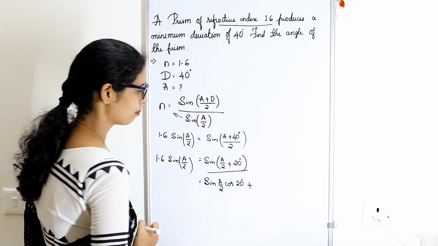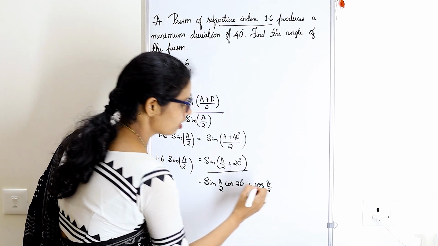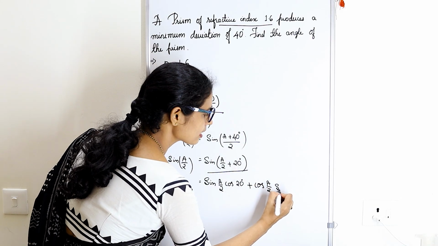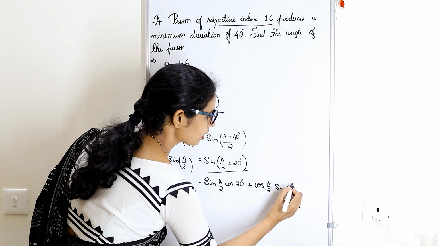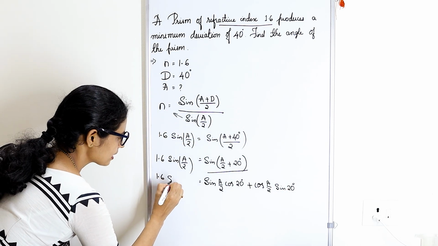So plus cos A, that is cos A by 2, sin B is sin 20. We'll keep this one as it is.